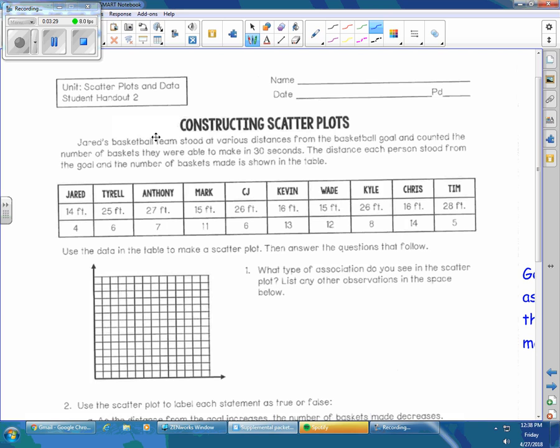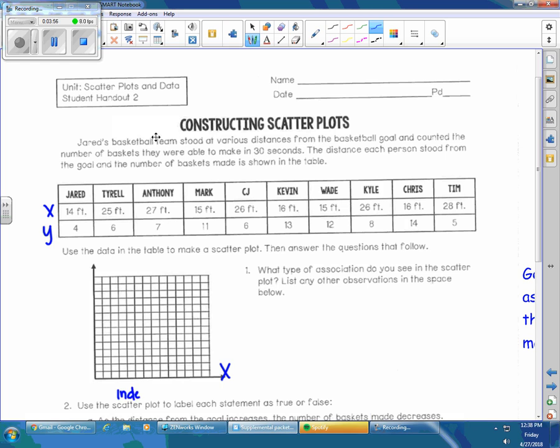Or will the number that I can get into the goal determine how far away I'm standing? That's completely backward. So the distance has got to be my independent, and the number of goals I make is my dependent variable. The independent variable is always your x.